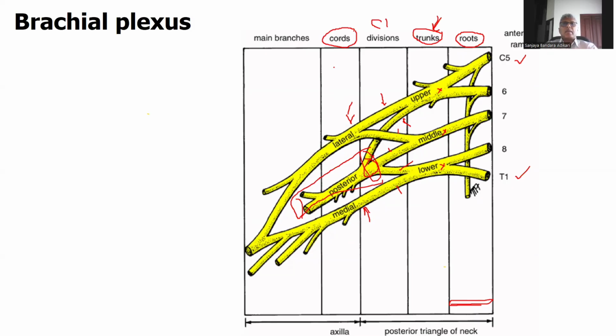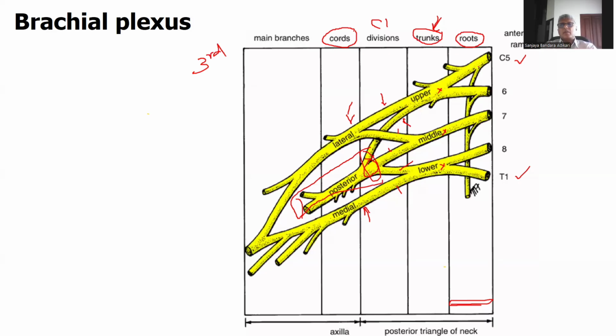So the cords lie in the axilla in relation to the axillary artery. Several branches are given off from the cords, usually in relation to the third part of the axillary artery.